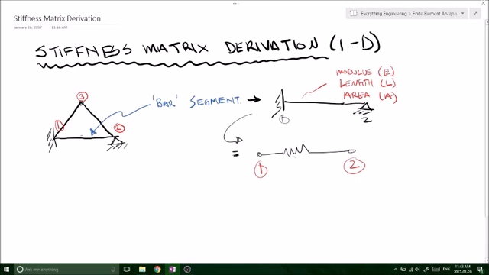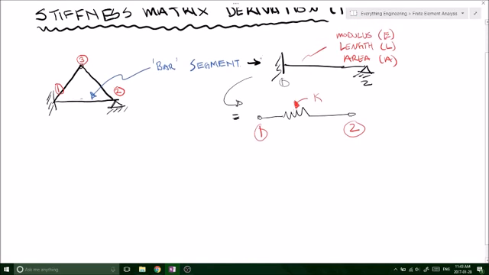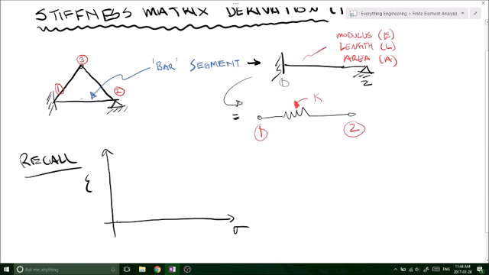So basically right here we've got a spring, and we all know that every spring has a spring constant K. Now that we've defined this spring to be an analogy of a bar segment with a modulus of elasticity, a length, and an area, if you'll recall from our stress-strain diagram, we have linear movement between stress and strain, and that's the same as our F equals Kx, the force of our spring.